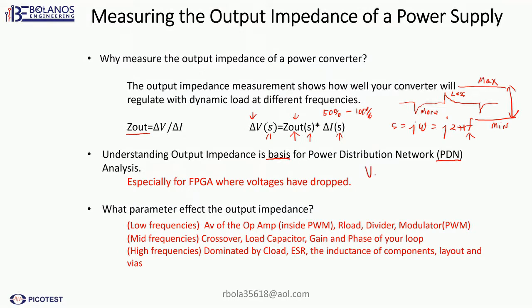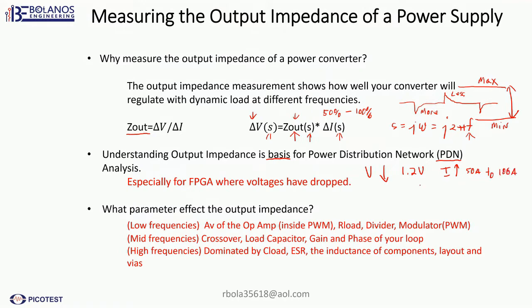The voltages have been going lower and lower, I believe maybe to 1.2 volts, and the currents have been going up, 50 amps to 100 amps, maybe even higher.